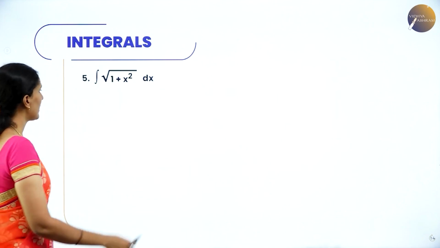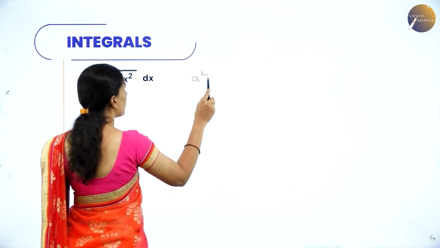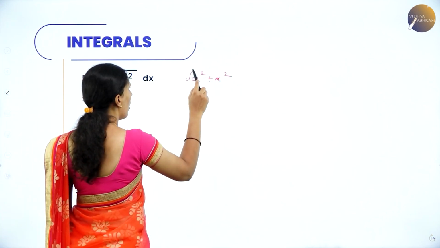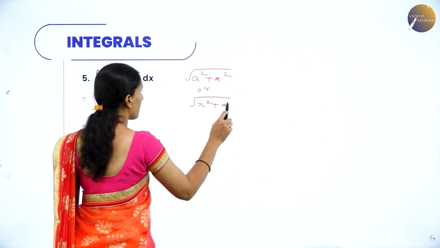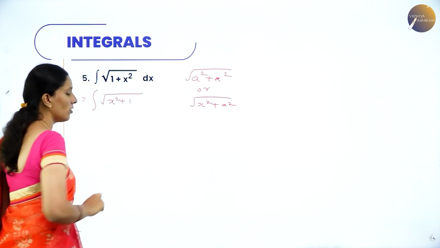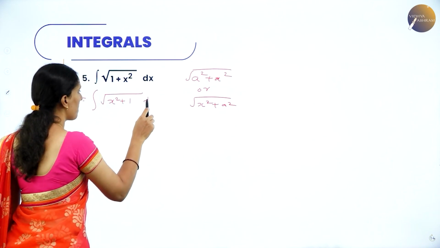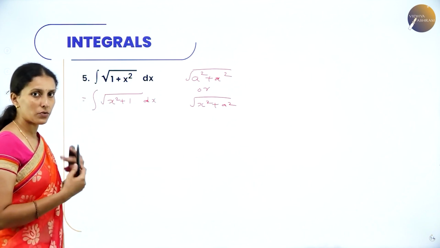Next, 1 plus x square. So, this is in the form of a square plus x square, or it is nothing but x square plus a square. You can rewrite it as x square plus 1 also, which is one and the same. Whether you write 1 plus x square or x square plus 1, it is one and the same.